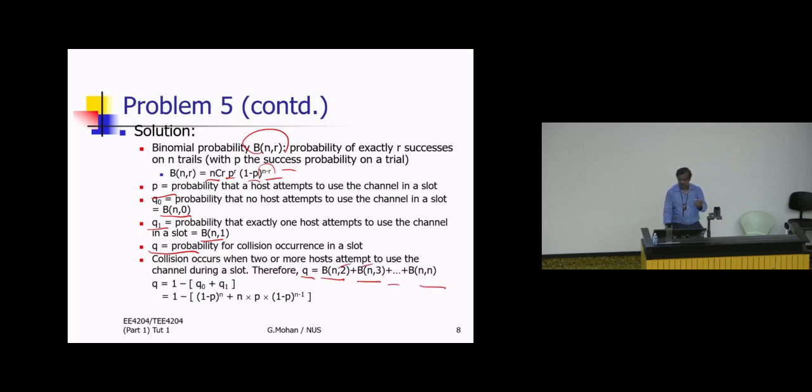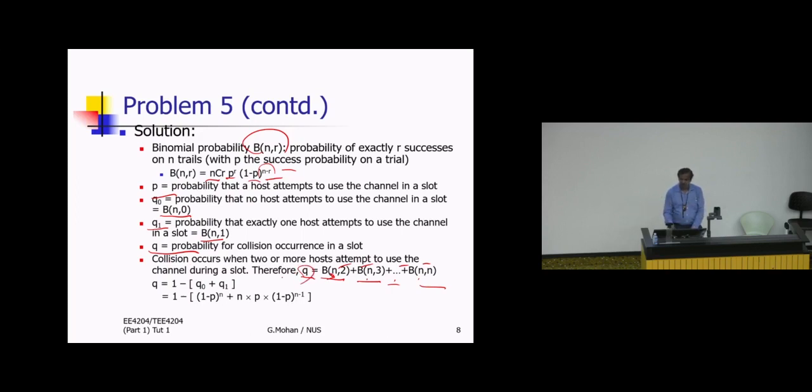In all these cases, there will be a collision. Am I right? They are mutually exclusive, because it's exactly 2, exactly 3, exactly 4. You can add them, and the probability will still be within 1, right?